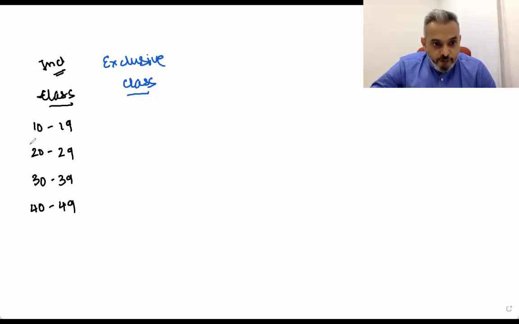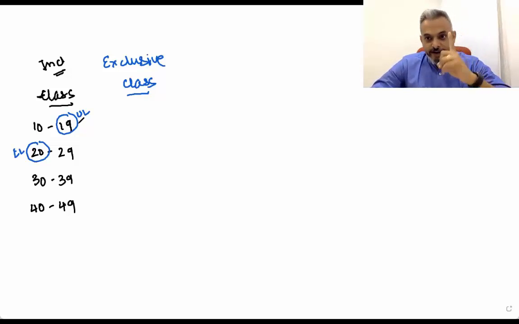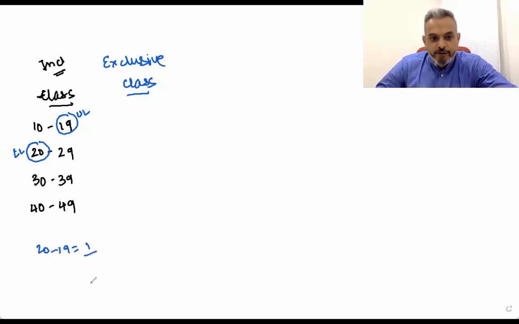Here it is 20, here it is 19: the lower limit of this class and the upper limit of the previous class. From the lower limit of this class, we subtract the upper limit of the previous class. What we get is 1. So 20 minus 19 is equal to 1. We divide it by 2, which is equal to 0.5.